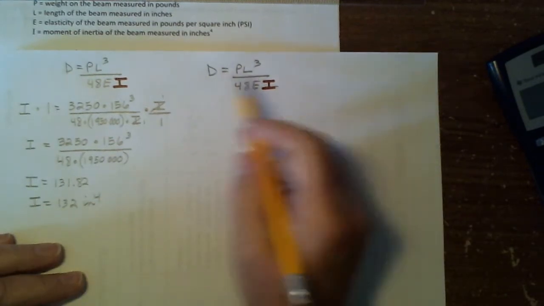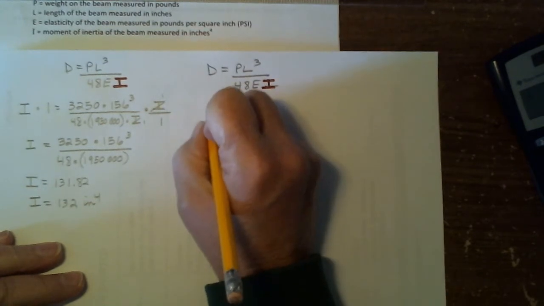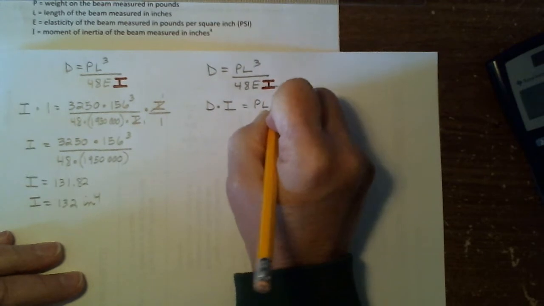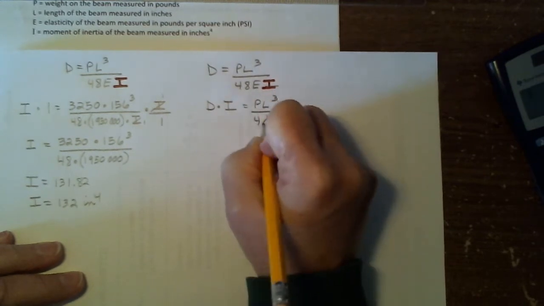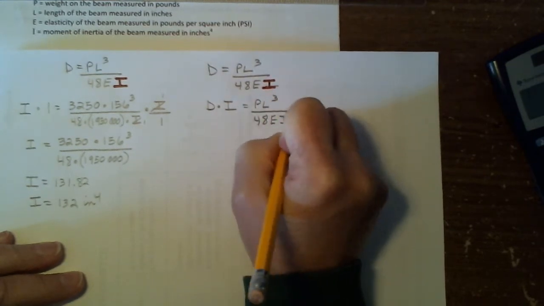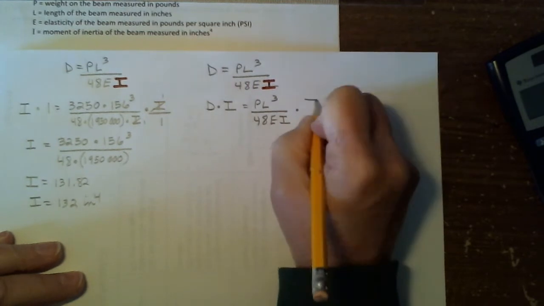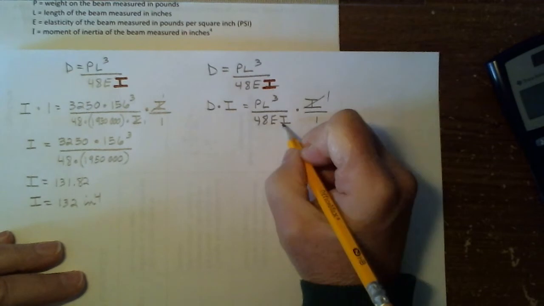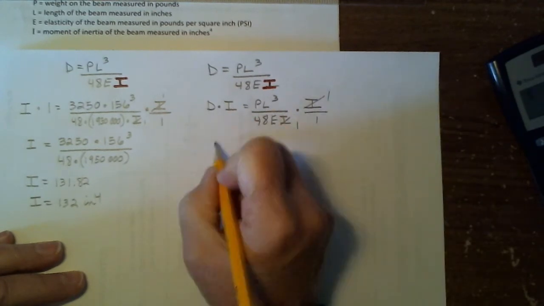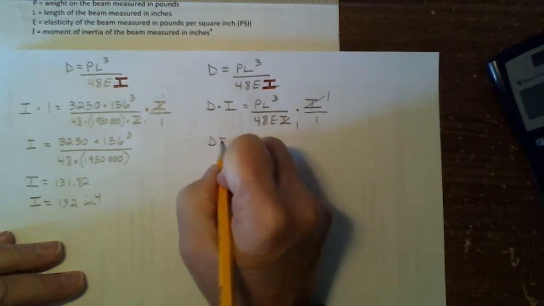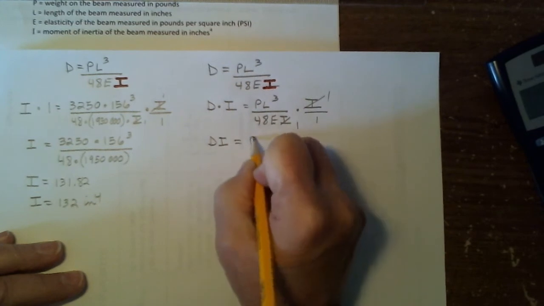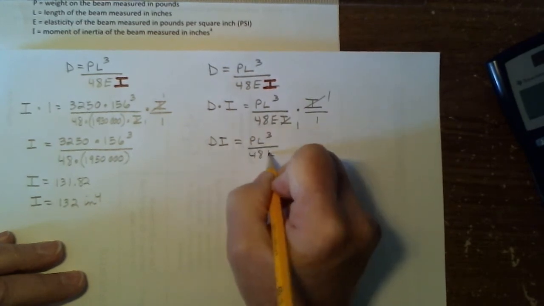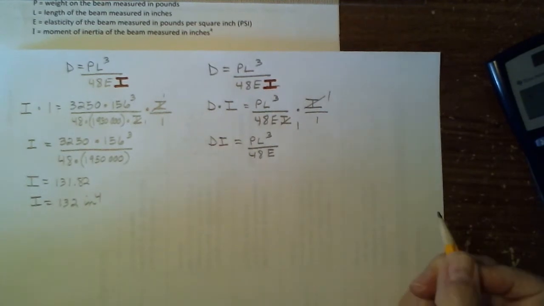So I'm going to multiply both sides by I. So I'm going to have D times I is equal to PL cubed over 48EI times I. And I can make that look like a fraction over 1. And these guys reduce out. And I'm left with DI is equal to PL cubed over 48E. Okay, so far so good.